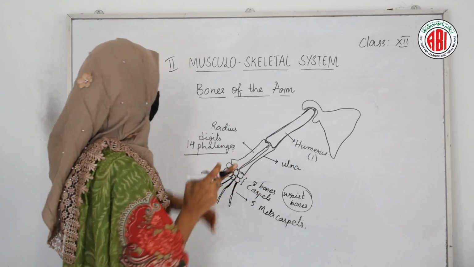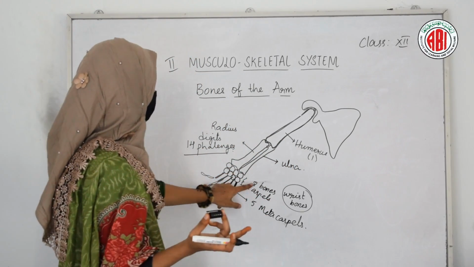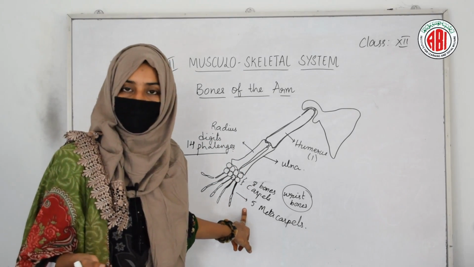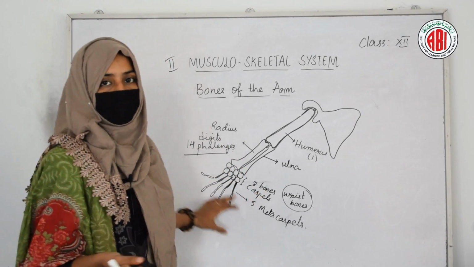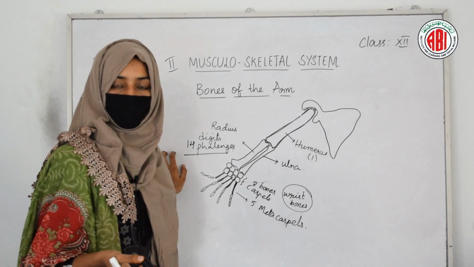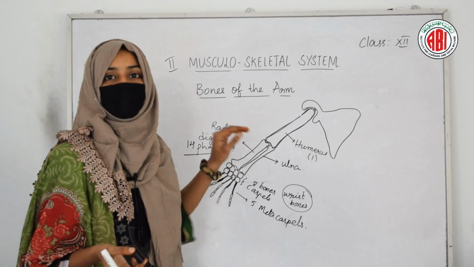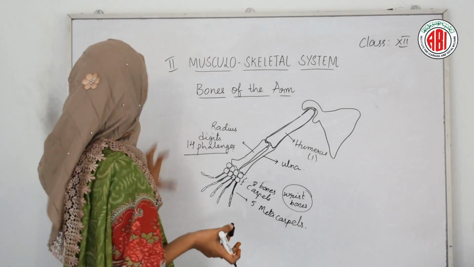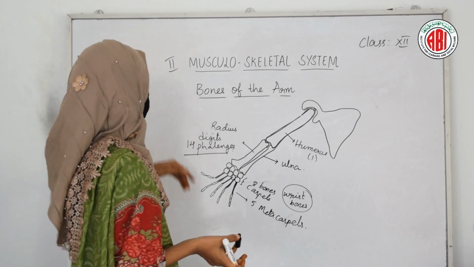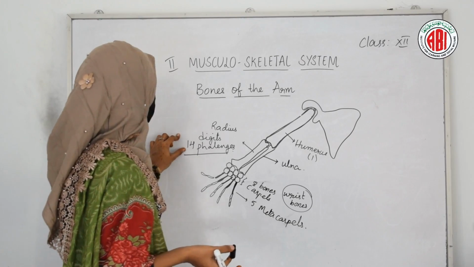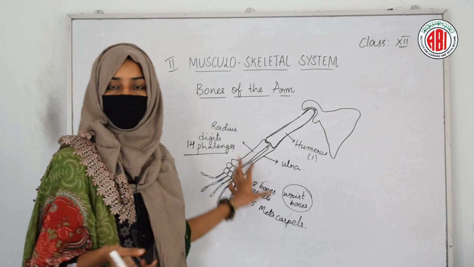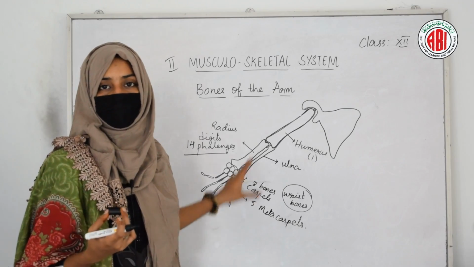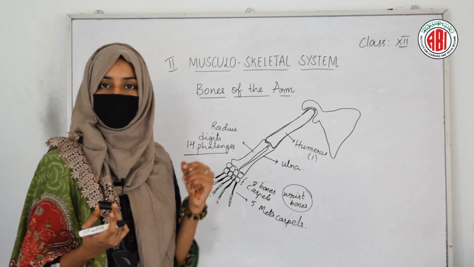And then in the wrist part, you can find 8 carpals. Below that, 5 metacarpals are found in our palm region. Then 2 bones are found in our thumb and 3 bones in each of our fingers. In total, 14 digits, or we can also call them 14 phalanges.